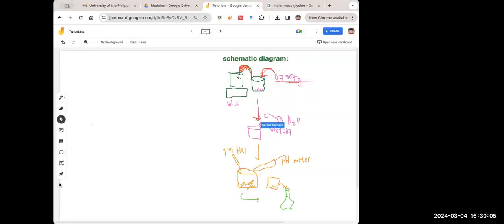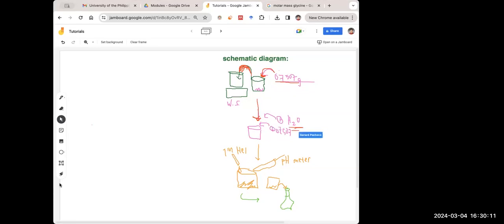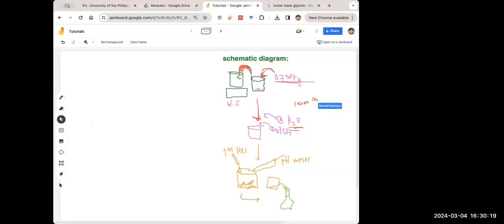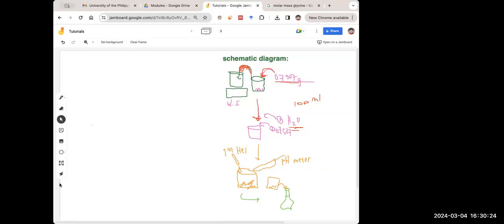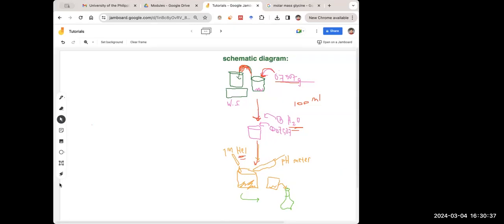Not necessarily more than 100 ml, you just have to dissolve it. Then once it's in the beaker, we add the hydrochloric acid, HCl.